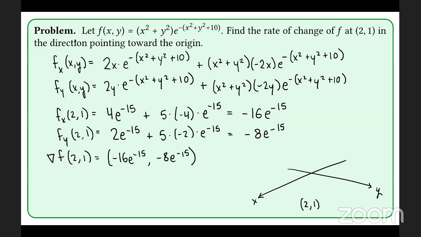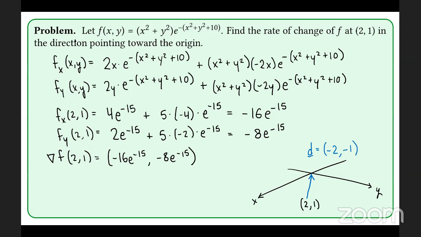So the vector pointing toward the origin, be that vector there, d, well, we need the x component to be negative 2, and we need the y component to be negative 1, right? So it's negative 2, negative 1, I mean. Right?